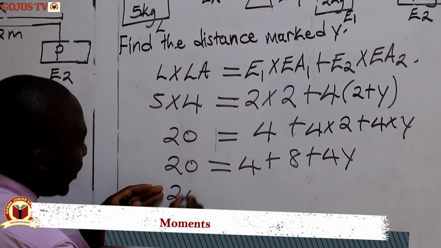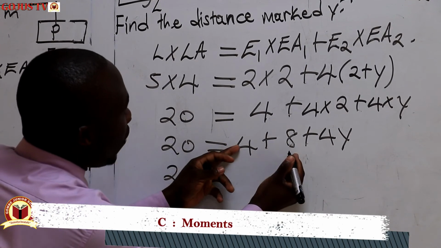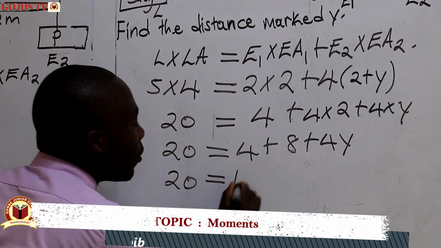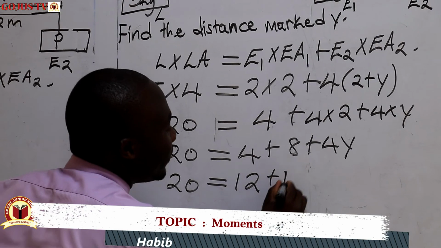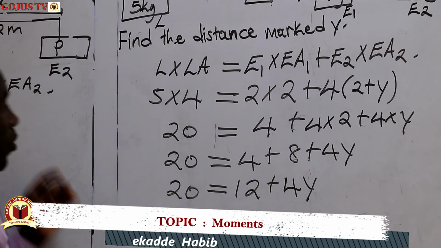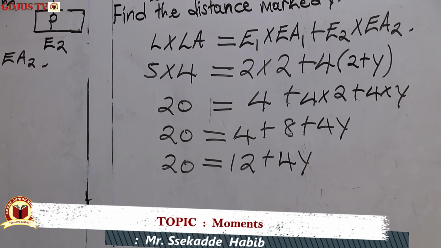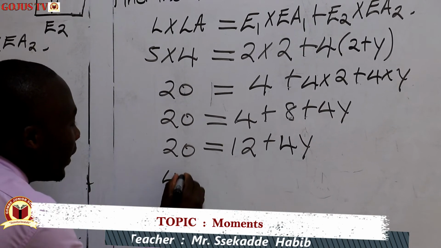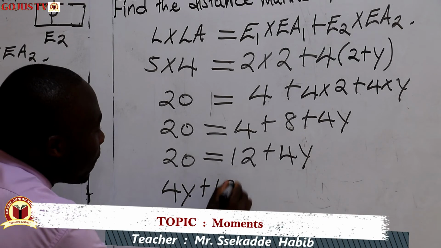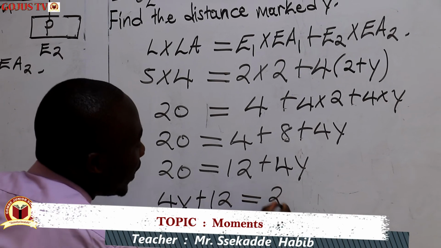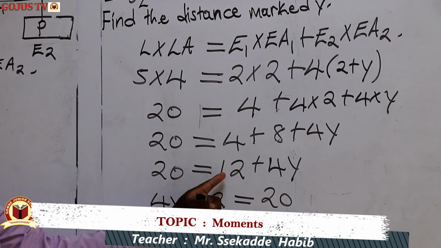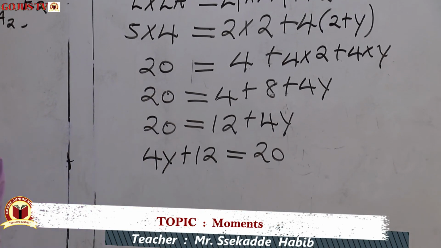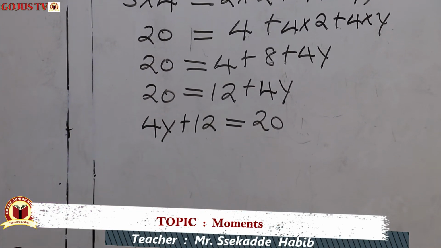Therefore, we shall have 20 is equal to, add up these together because they are like terms, we shall have 12 plus 4y. We can interchange on our next step so that we begin with the unknown, which is 4y plus 12 is equal to 20. So when you say 12 plus 4y, it is the same as saying 4y plus 12. That is why we are arranging it like this.